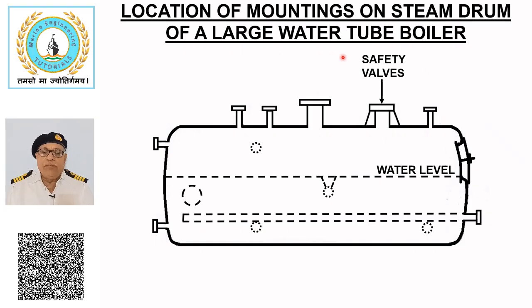Safety valves. Safety valves protect the boiler shell from pressure exceeding their design value. Safety valve lifts when the pressure in the boiler is in excess of normal working pressure. Various types of safety valves used on boilers will be discussed later.